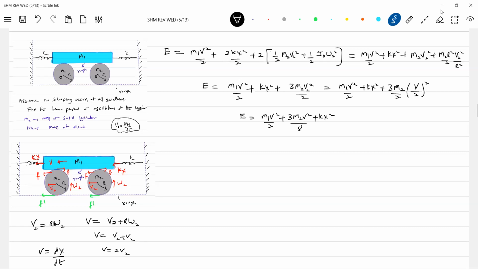Now differentiate this: 2v into a, 3m2 by 8, and dx by dt will be v.